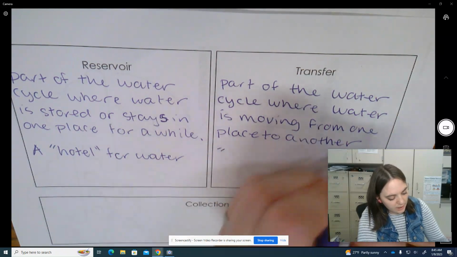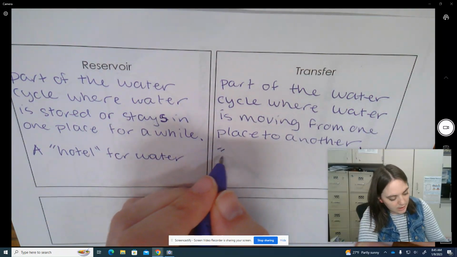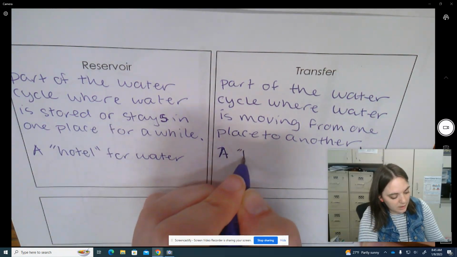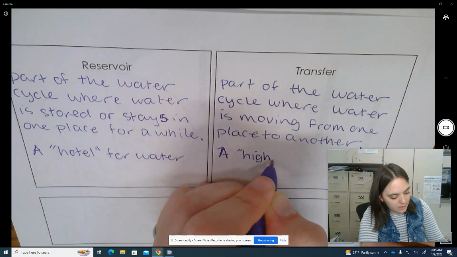This is kind of like a highway for water.